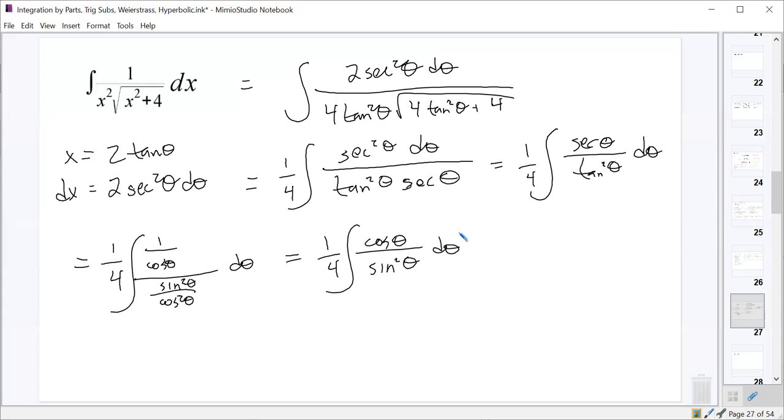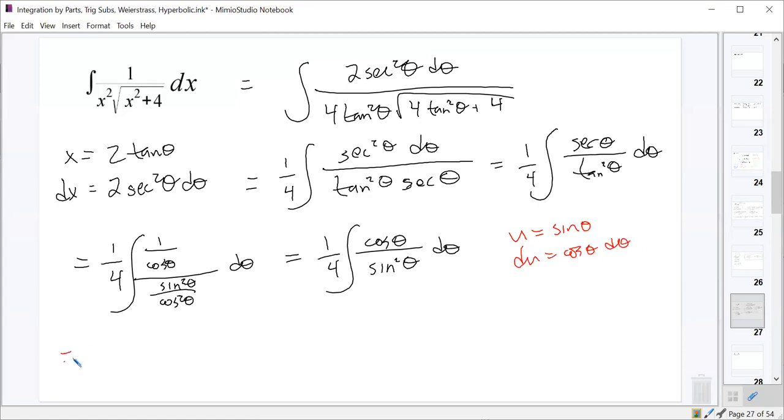And how am I going to integrate this one? U sub. Okay, what do you want to sub out? I think sine squared. Or, well, just sine. Just sine sounds better. If u is sine theta, then du is cosine theta d theta.